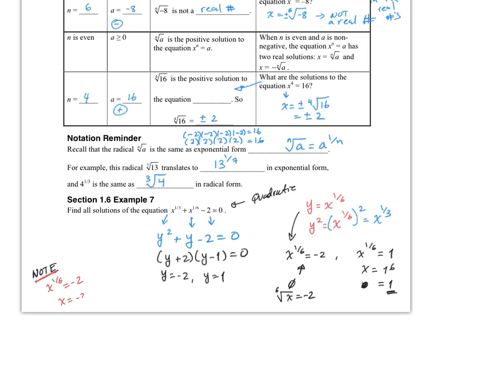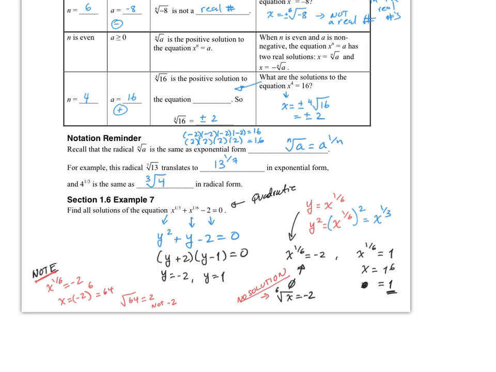That means x is equal to negative 2 to the 6th power, which is equal to 64. And then they say the answer is 64, and that's actually wrong, because the 6th root of 64 is equal to 2, not negative 2. So that's why this one has no solution, at least not in the real numbers.